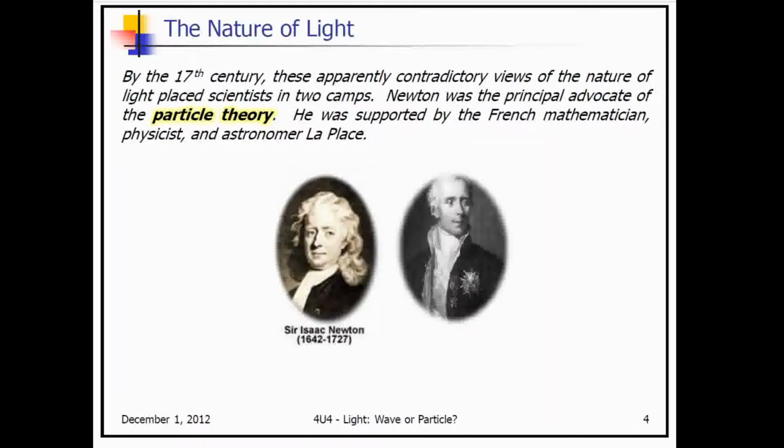So, starting with the 17th century, we had the particle theory and the wave theory again. And the people who were in the particle camp were Isaac Newton, who was very well known at this point. He was also supported by a French mathematician and physicist who was known as Laplace.